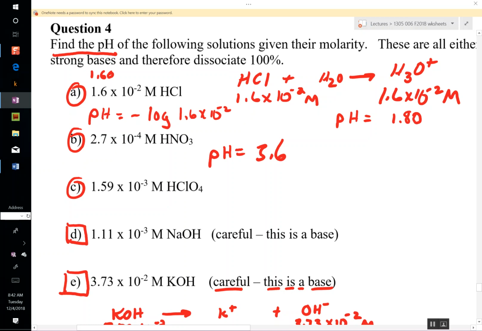If we did this with acetic acid, we couldn't just straightforwardly go through this. So the only ones that are going to go on the exam are like these. It has to be a strong acid or a strong base for you to be able to calculate it. Can it be done? Yes, but you have to know solubility constants and do other calculations before you can find the hydronium ion concentration.